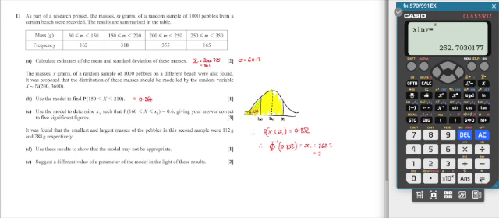So to 3 sig figs is 263. Oh, to 5 significant figures. Let's put a few more decimal places onto this area then.